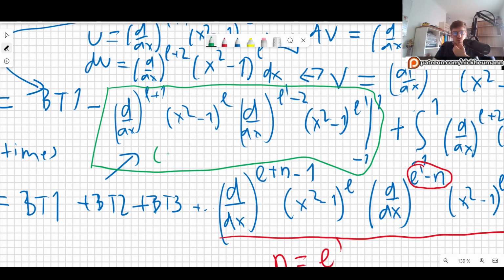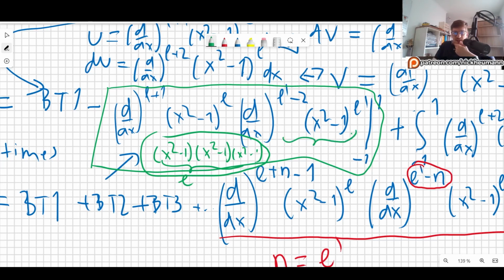And x squared minus 1 is basically x squared minus 1 times x squared minus 1, and so on, L times, right? So if you are taking L derivatives, then you're still going to get some factors remaining, right? So even if you get rid of all of them here, for example, because here you're taking L plus 1 derivatives and then L plus n, for example, which is, well, n is L prime now.